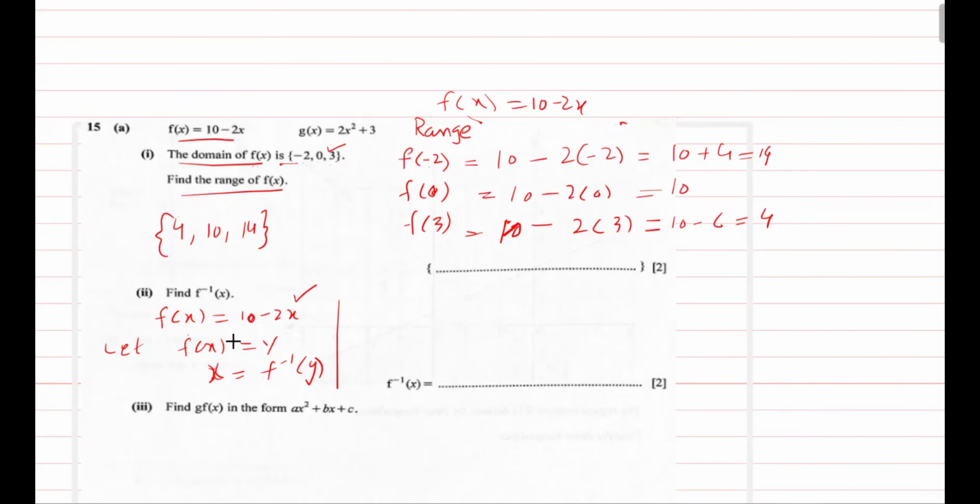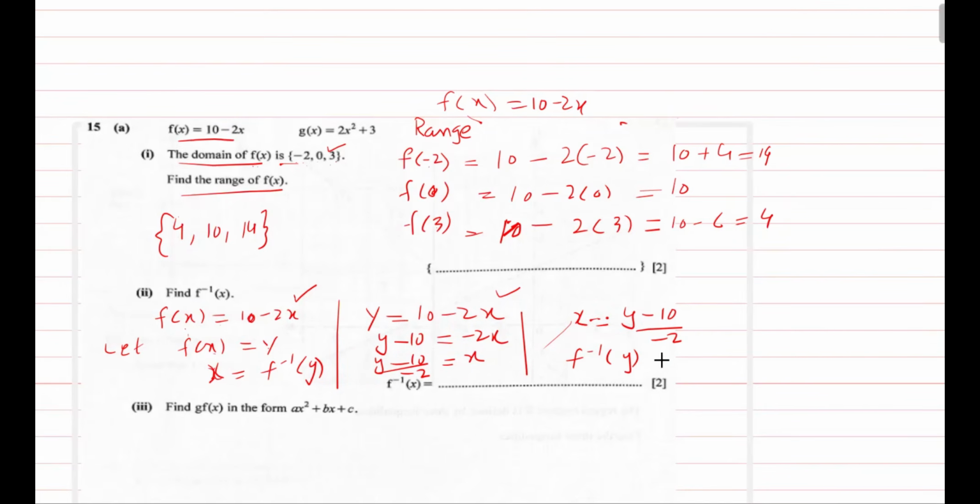Look here, f of x equal to y, therefore we can write this equation y equal to 10 minus 2x, and to make x the subject, we will shift all values from right to left. This becomes y minus 10 equal to minus 2x, and x will be equal to, we divide by -2, we get y minus 10 over -2. x equal to y minus 10 over -2. And x here is equal to f inverse of y. We write f inverse of y equal to y minus 10 over -2.